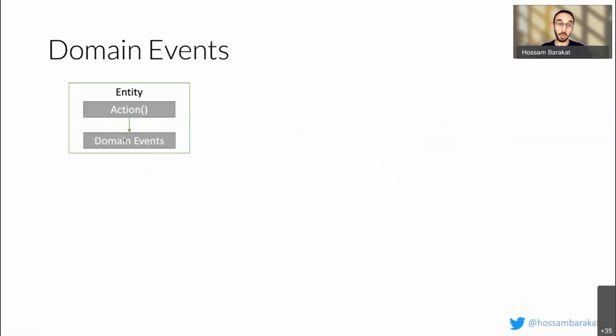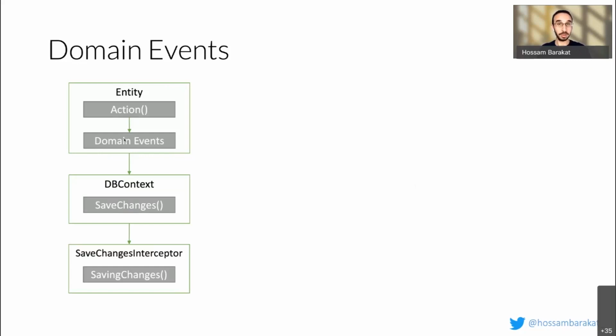Then whenever the DbContext SaveChanges method is called, we will be leveraging the EF Core 5 SaveChanges interceptor to listen to that behavior. Then we will be leveraging the DbContext change tracker to find all of the entities in the DbContext that have a list of domain events.